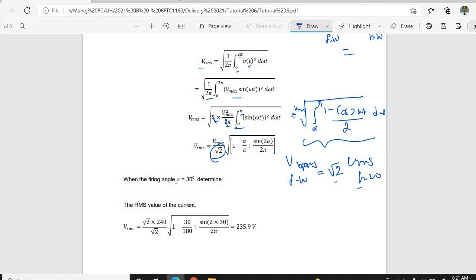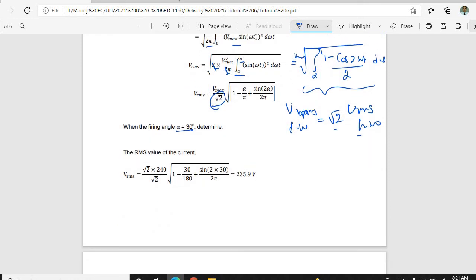Then here you are asked to determine when α is equal to 30°. The maximum voltage V max is equal to root 2 into 240, because RMS is 240. Divide by root 2 and 1 minus 30 over 180, as I said previously. If you substitute α in degrees, π should also be in degrees, or else both in radians.